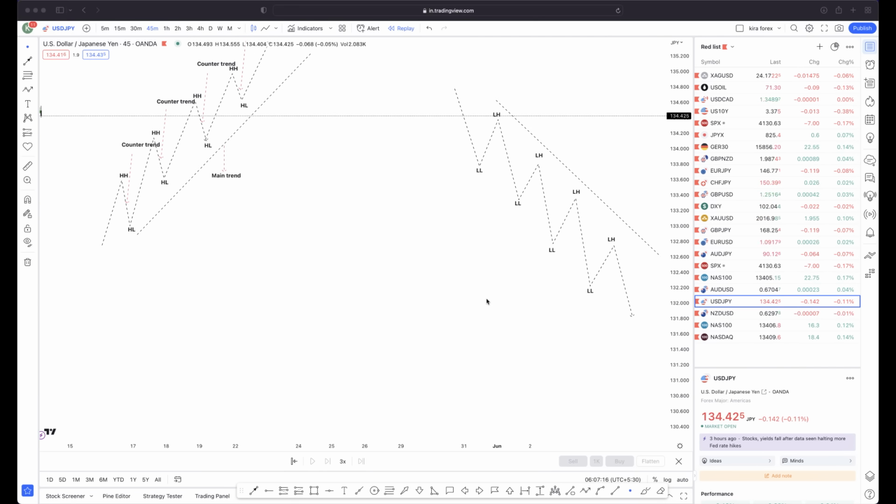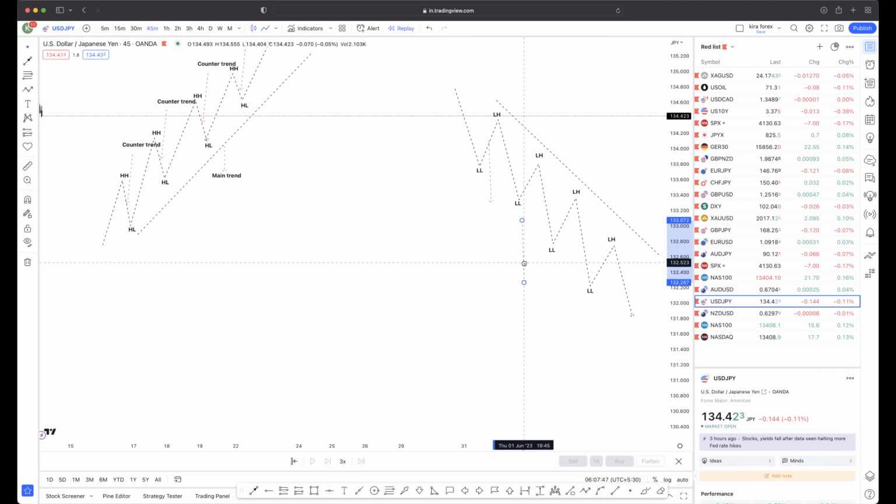Now let's look at a counter trend in a downtrend structure or a bearish structure. So we have our main trend and then we have our counter trend. We have our counter trend here, and then we have another counter trend here.